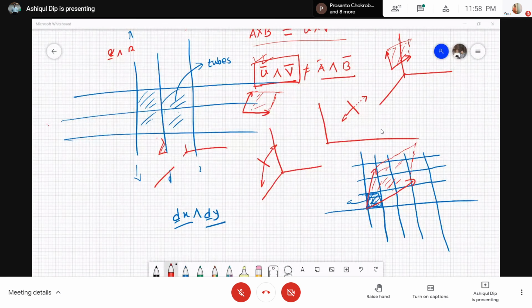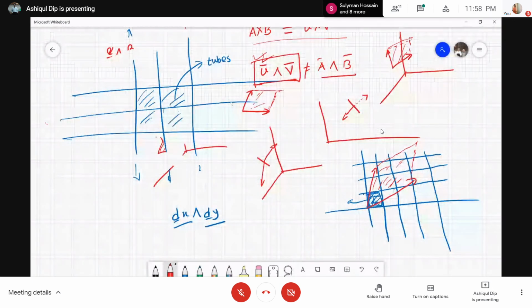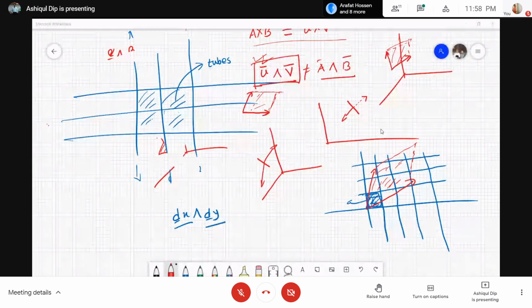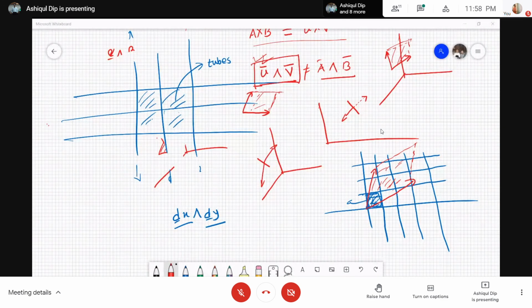Page number 100. Okay. I think I can show you this page. Can you see it, guys? In one window I'm presenting, but in another my video is open as well. This page.